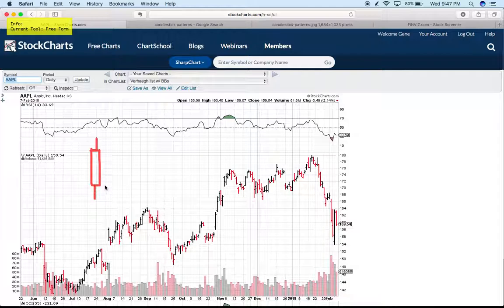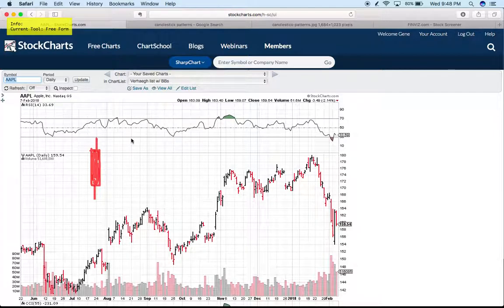You got the opening price, the closing price. That's on a bullish candle. On a bearish candle, it's going to be colored red or maybe black. And the difference here is you still got the high, you still got the low, but this is the opening price. This is the closing price.